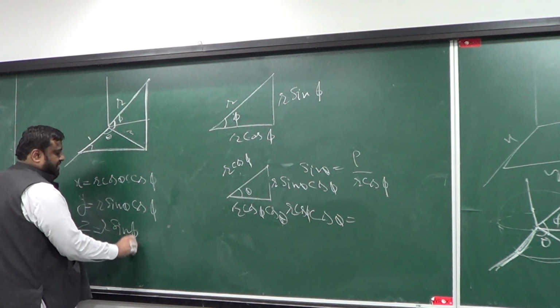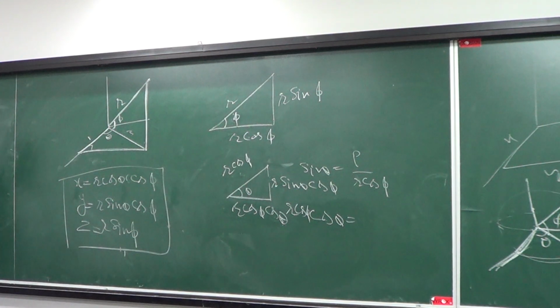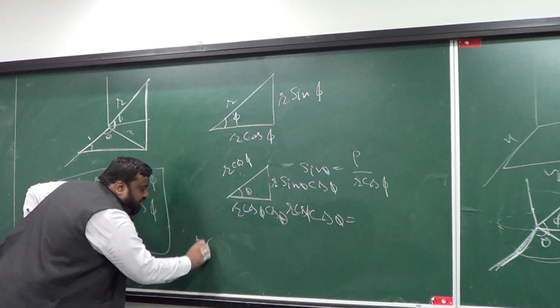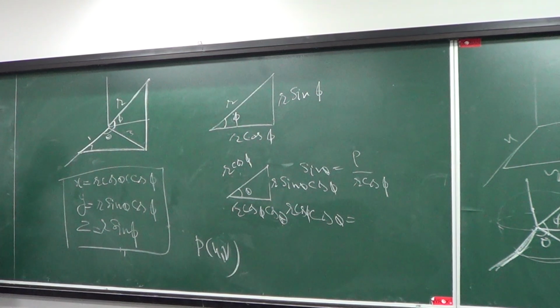And if you remember, think about it, what was my parametrization for the sphere? It has this weird description in terms of u and v, and we had no idea how it came into existence.